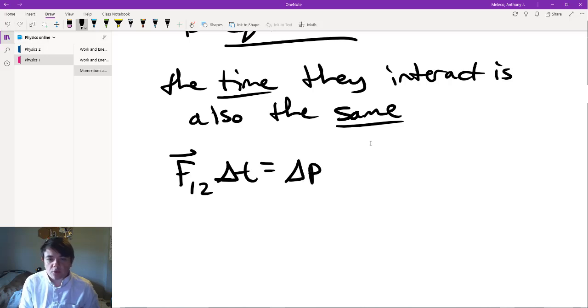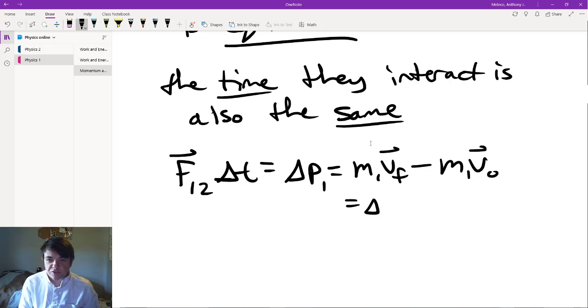That would be equal to the change in momentum of particle 1, which is mass 1 times the final velocity minus the initial velocity, which is change in mv.